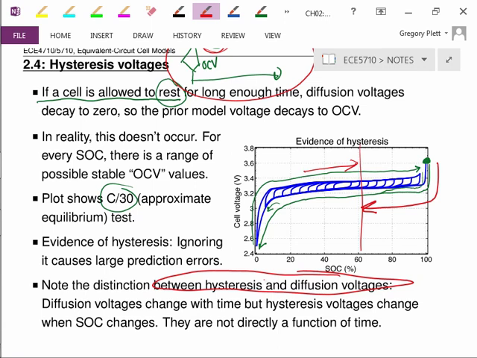This hysteresis is not well understood. You will see in later chapters when we talk about the physics of how a battery cell operates, we don't actually describe hysteresis in those chapters. It's not well understood, and in fact, it is thought that this phenomenon may occur for different reasons in different lithium-ion cell chemistries.